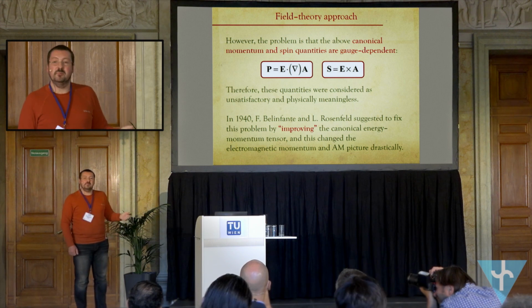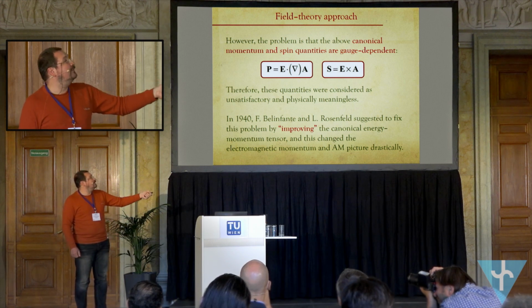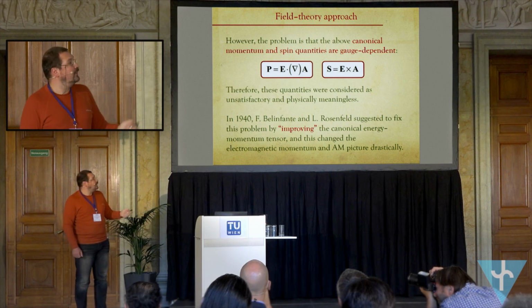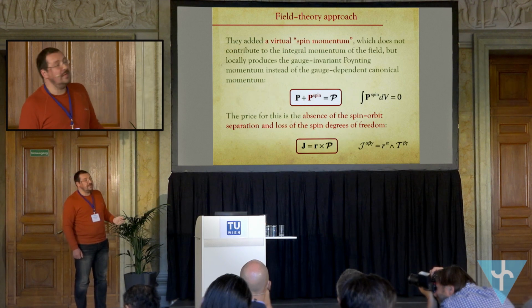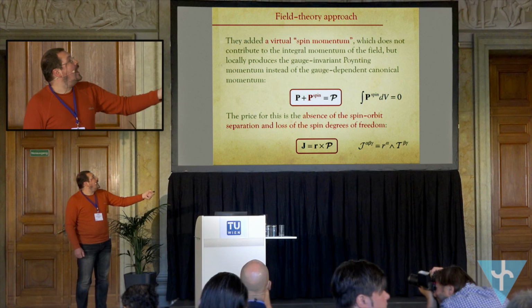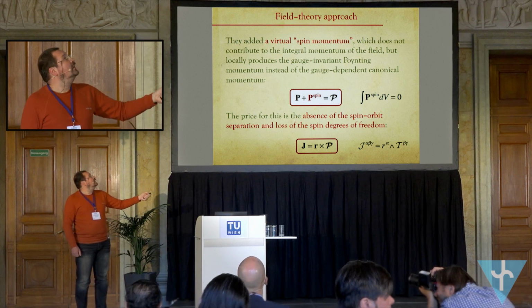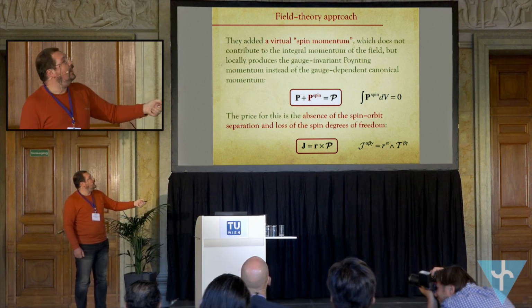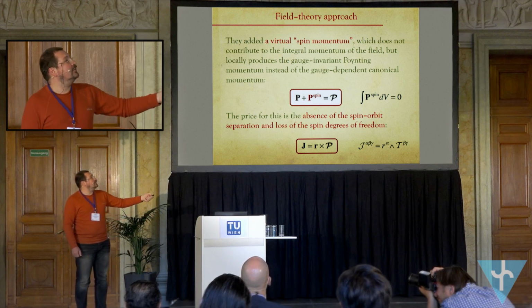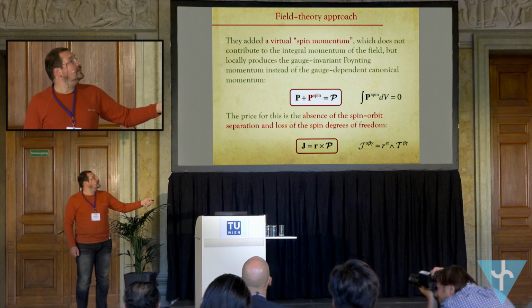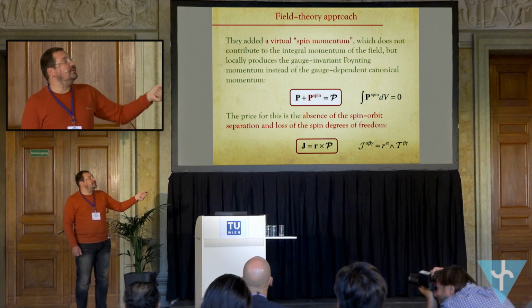And the crucial step was made by Belinfante and Rosenfeld in 1940. They tried to improve the momentum density by adding some additional virtual part to it, which we can call spin momentum. And this part does not contribute to the total momentum of light, but nevertheless, it changes the picture drastically.